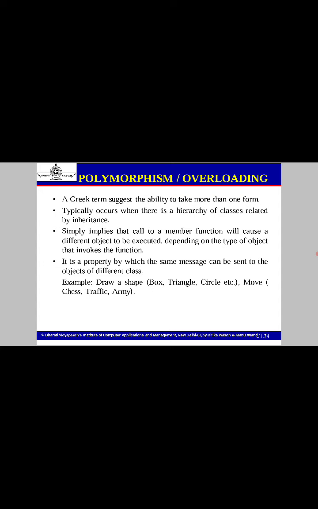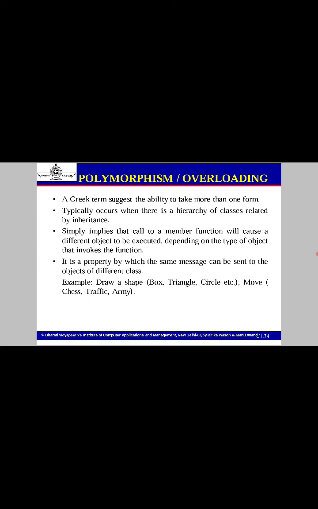It means we can redefine the meaning of a function or an operator. The same operator or same function can be used in multiple ways. For example, sum(a, b) is a simple function in C language, whereas in C++ we can use the same sum function in a variety of ways.